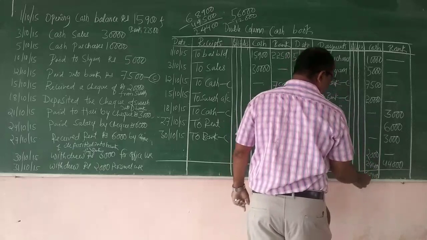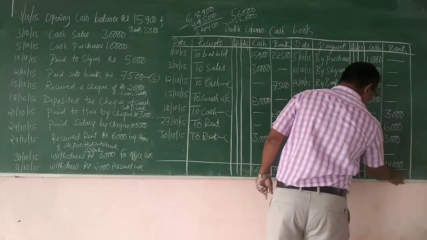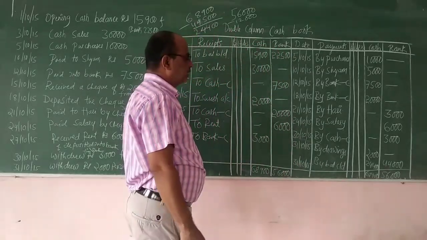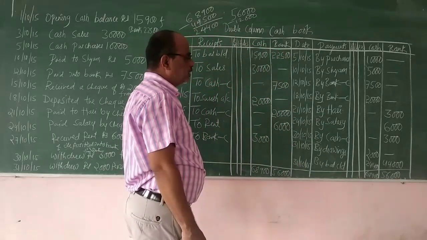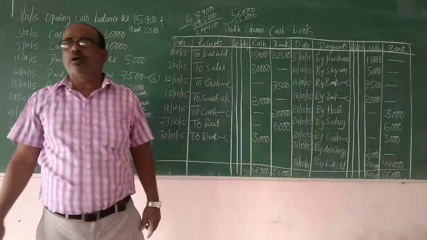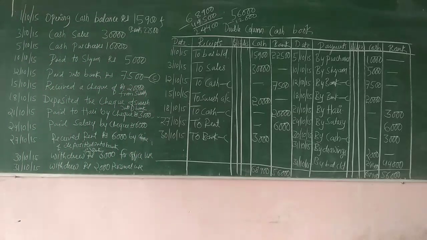So both sides total will be 56,000 of bank column and 68,900 of cash column. So this is how we solve problems based on the double column cash book. So see it properly and try to understand it.